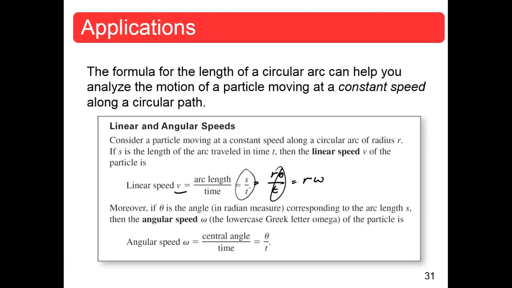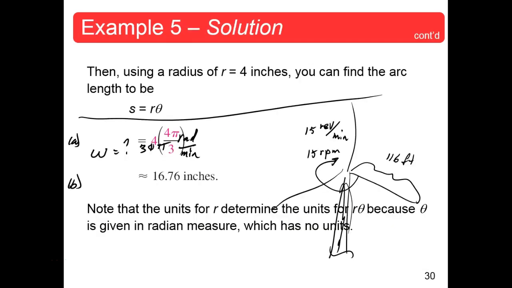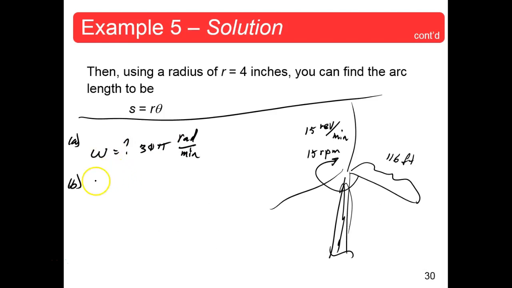The linear speed V is equal to the arc length, if you wanted to do it that way, S over T. Your S would be r theta, and our theta is in radians per minute, so you're able to do r theta over T, because S is equal to r theta.